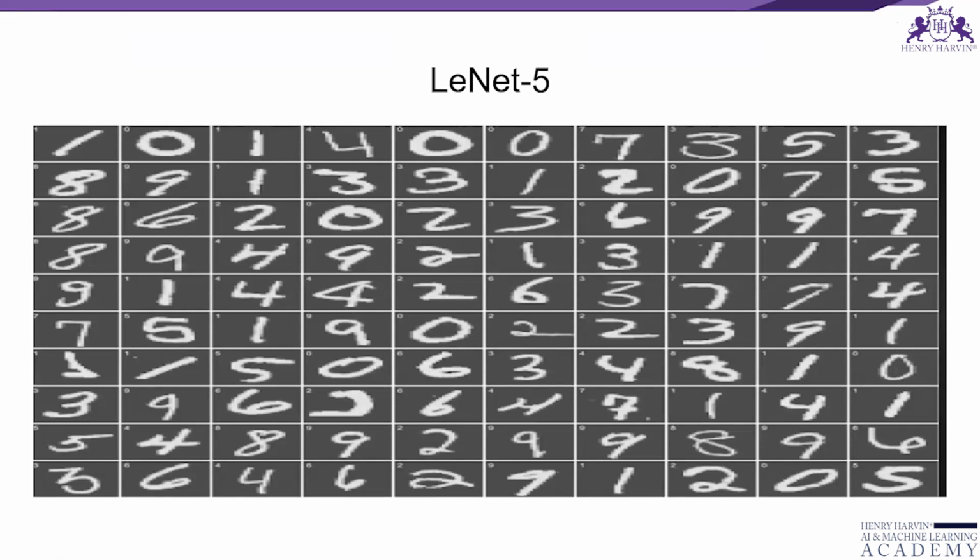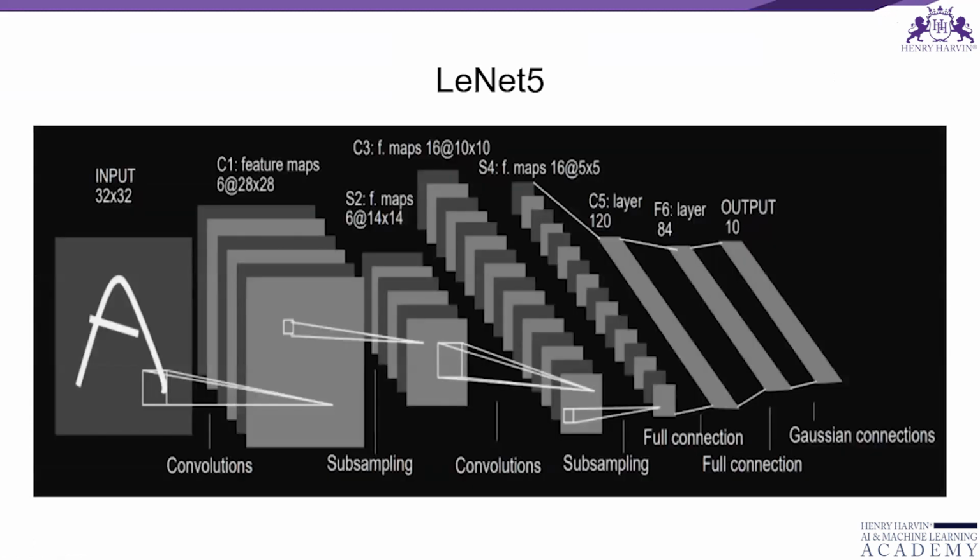Now we will see how the structure of LeNet looks. For simplicity, I have taken it as A. It could be any input image of size 32 into 32 into 1. This image would be the input to this network.